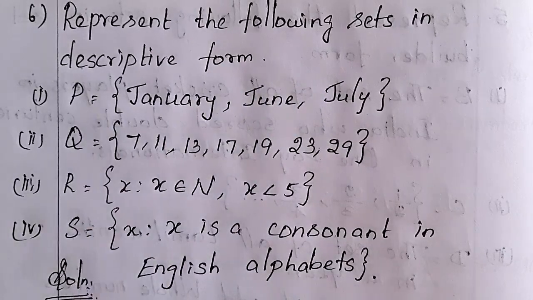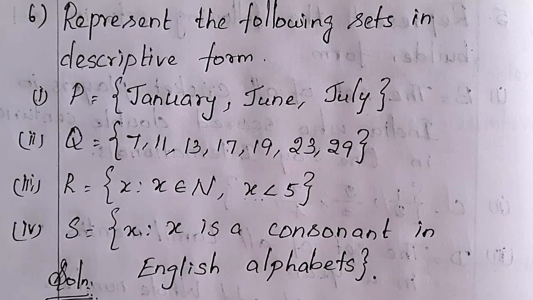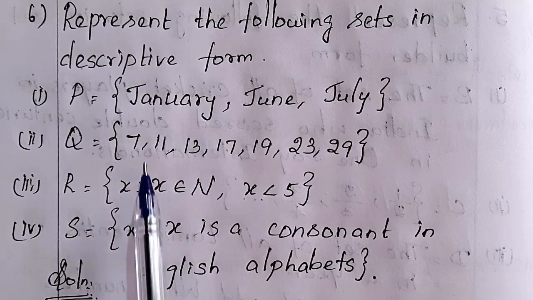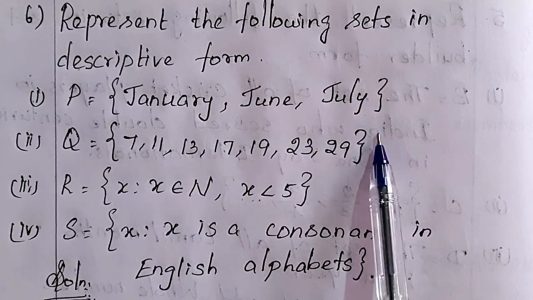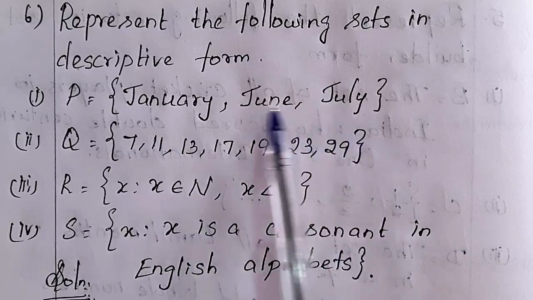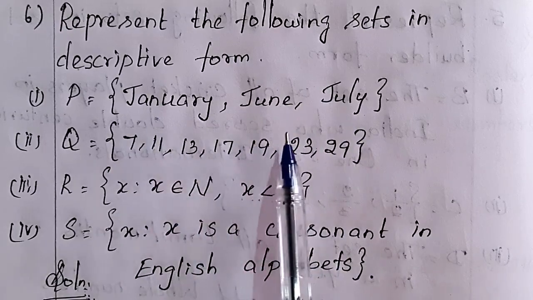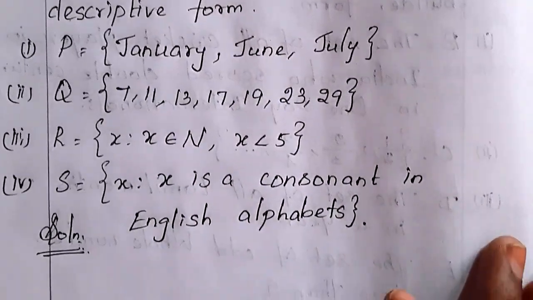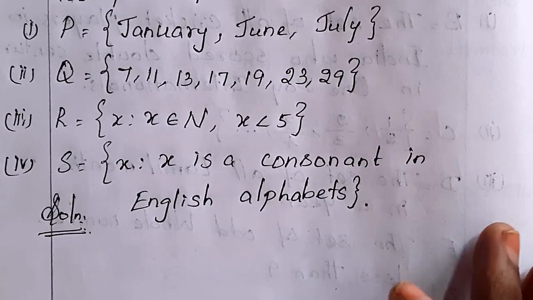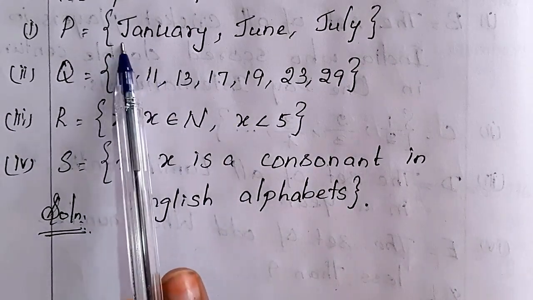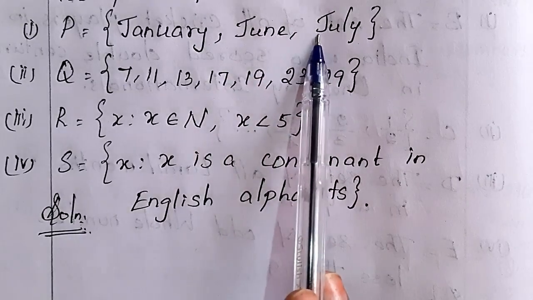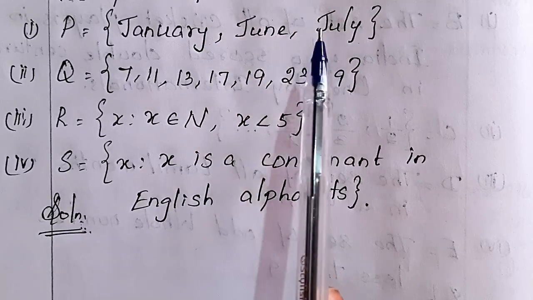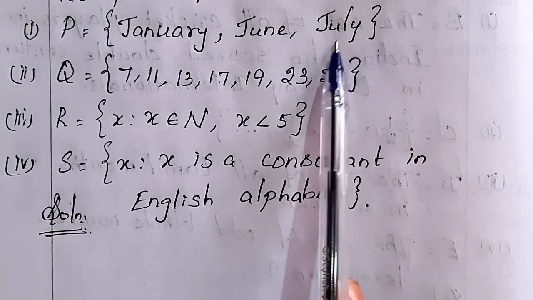Okay, look at the first one. P equals January, June, July. You know that January, June, July are English months, am I right? But only 3 months are there. What is the similarity here? January is starting from J, June is starting from J, July is starting from J. Can you find any other English month starting from J?